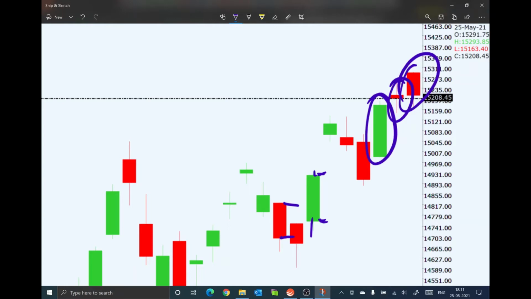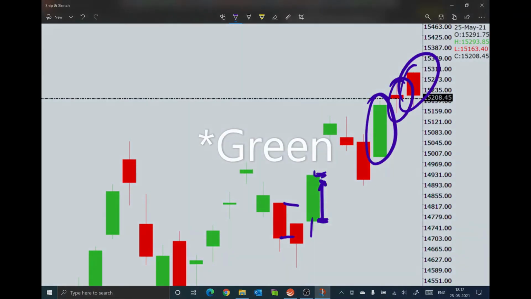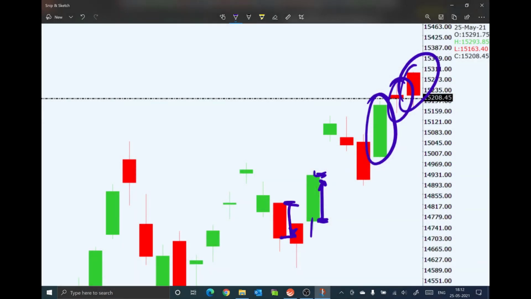What that means is if the price of a particular stock or an index opened low, went up during the day, and closed high, then the candlestick would be green. If the price of a particular stock or index opened high, went down, and closed low, then it would be a red candlestick.